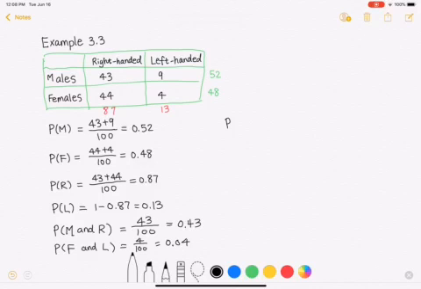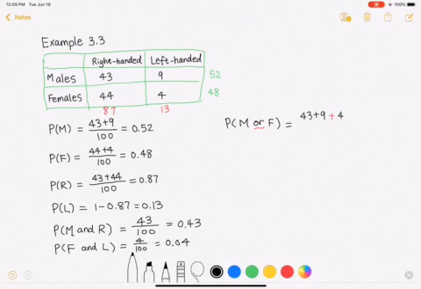Now the next probability, okay, find the probability of male or female. Okay, so again, in this particular table, we only have male and female. So that is the entire population. So you have to add up all the male numbers. So it's 43 plus 9. All, right? The word all tells us to add.